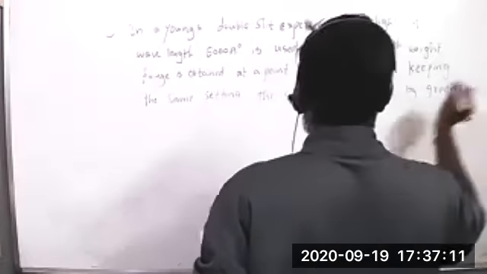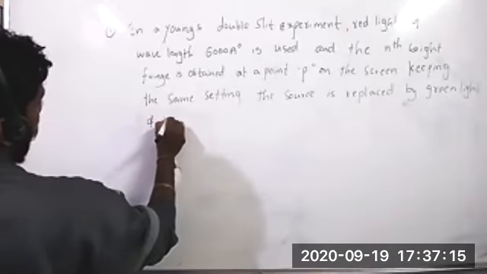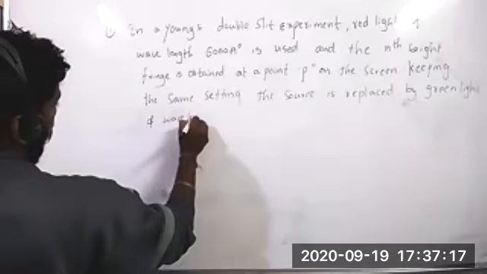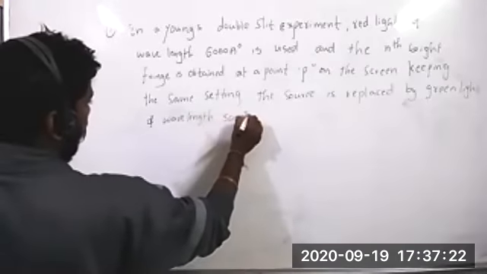One minute. Green light of wavelength 5000 angstrom.